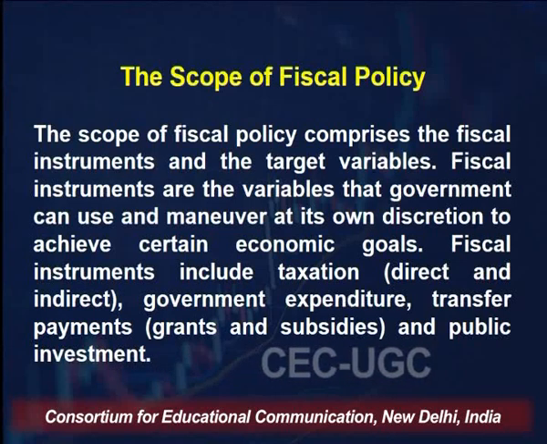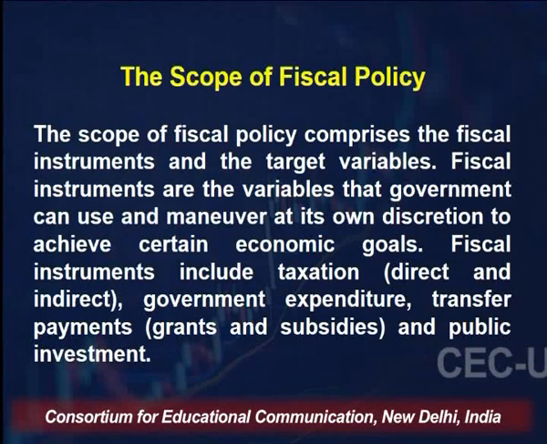Fiscal instruments include taxation, which includes direct and indirect tax, government expenditure, transfer payments like grants and subsidies, and public investment. The target variables are macroeconomic variables including disposable income, aggregate consumption expenditure, savings and investment, imports and exports, and the level and structure of prices. So, the fiscal policy instruments and targets we will discuss in this session today.